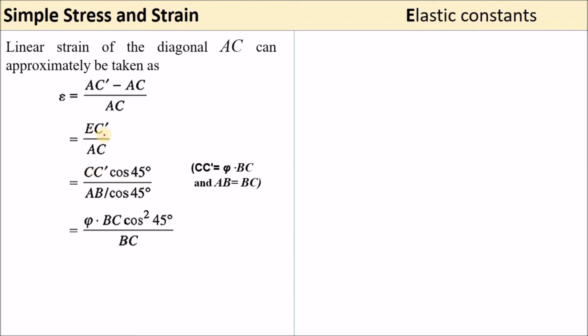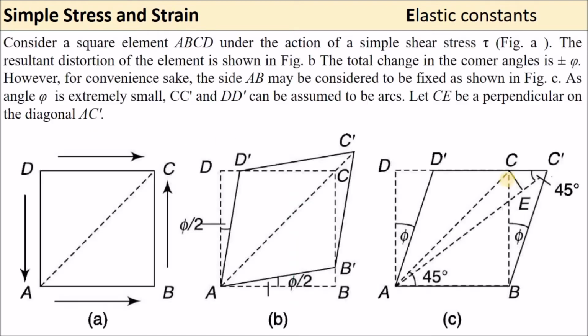How did it come? Here you see EC dash, this one, and AC, from here to here. We need to find that value.